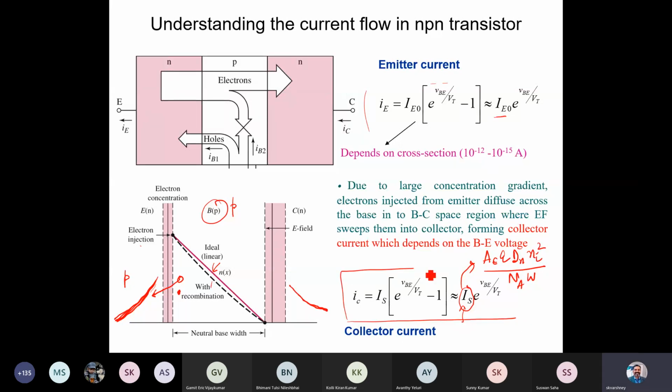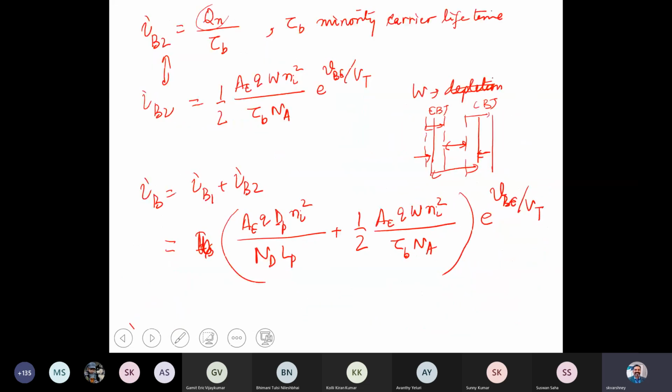We can make use of this equation, since we are representing this IB.